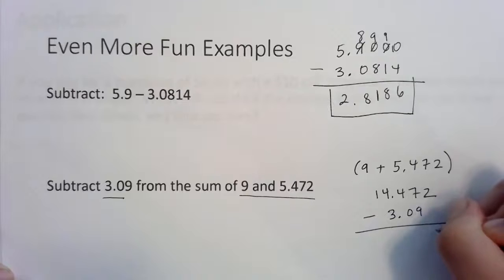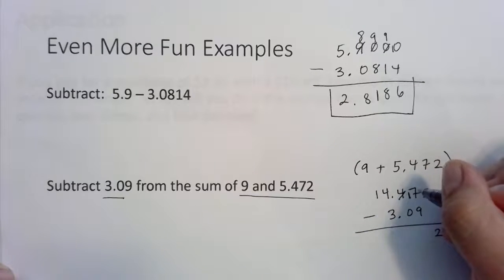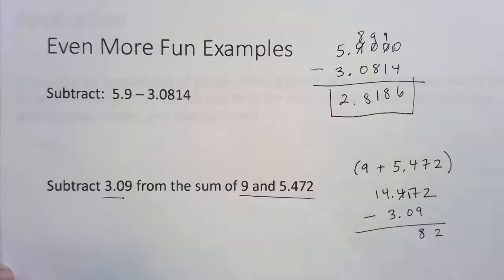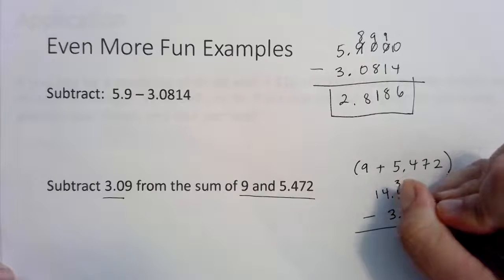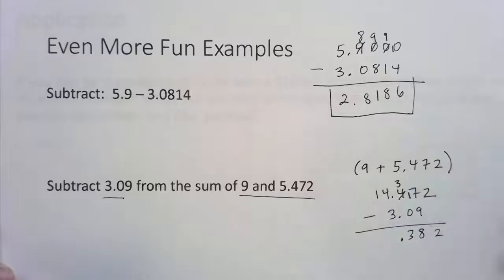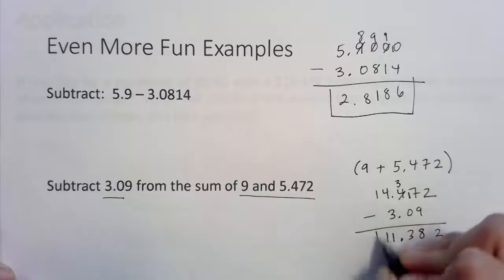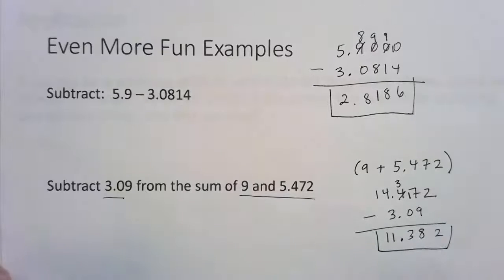We would borrow from the 10th place to the 100th place, and that would be 17 minus 9, which is 8. 3 minus 0 is 3, and we would bring down the decimal point, and then 14 minus 3 is 11. So that would be our answer: 11 and 382 thousandths.